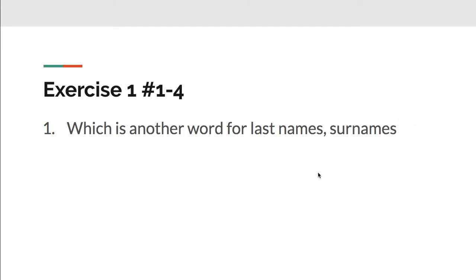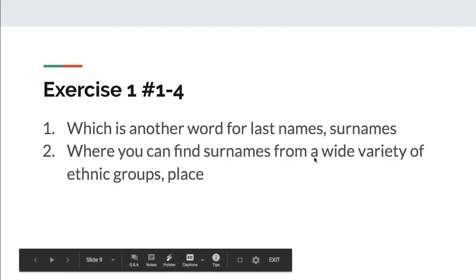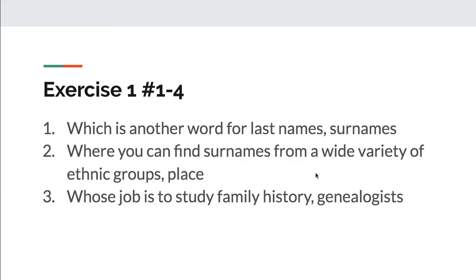Okay? Number 2, an online phone directory is a place where you can find surnames from a wide variety of ethnic groups. So the adjective clause is where you can find surnames from a wide variety of ethnic groups, and that's describing place. Number 3, oops, I already showed the answer.